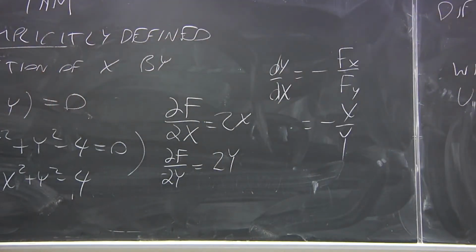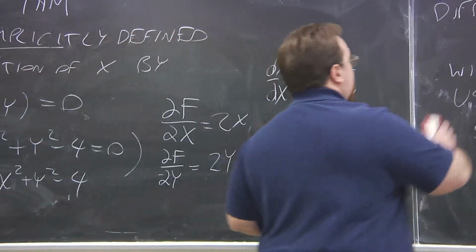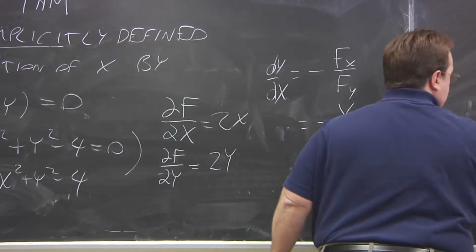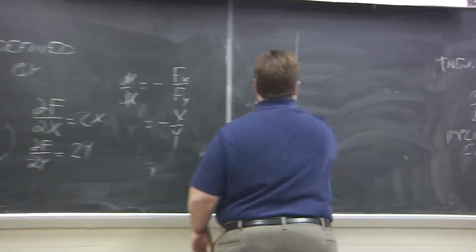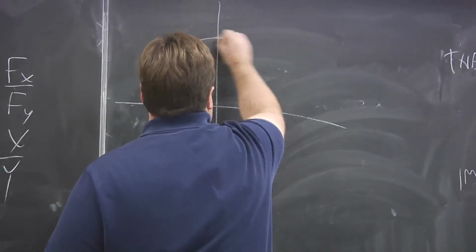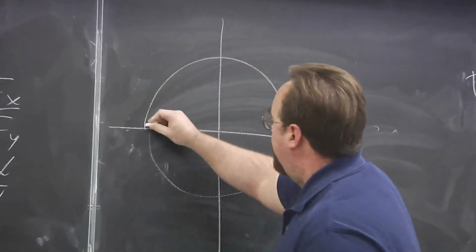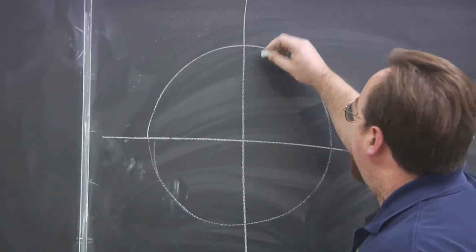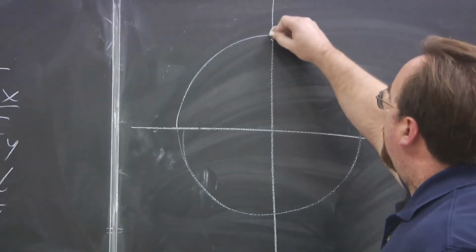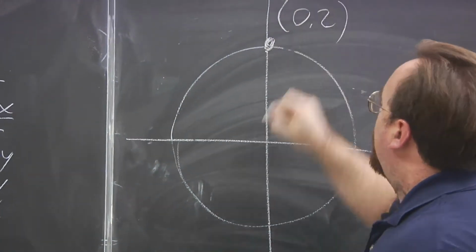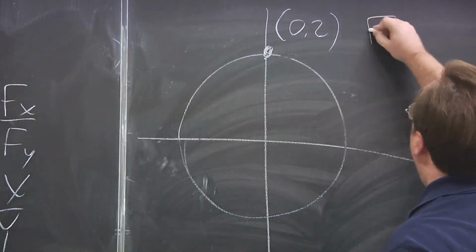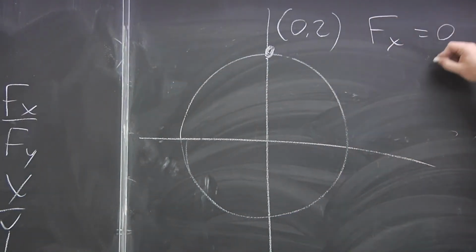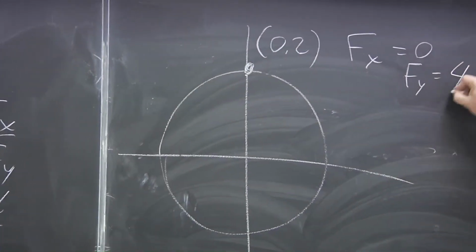So let's pick a particular point. This point, x is 0, y is 2, then at this point, df/dx is equal to 0, df/dy is equal to 4.